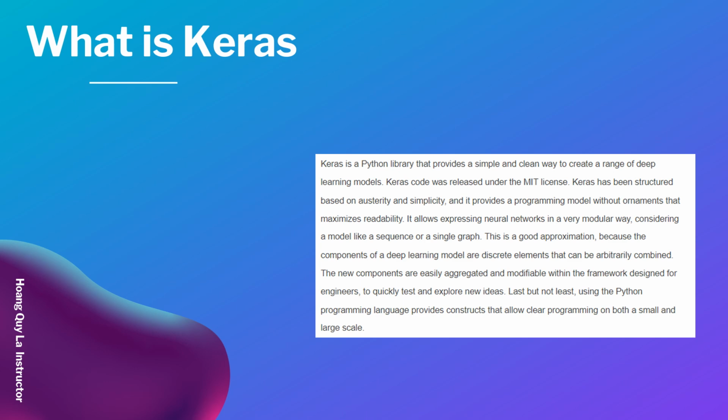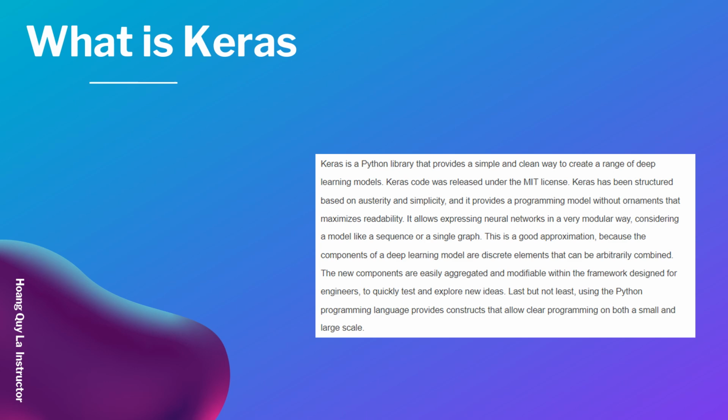Keras has been structured based on austerity and simplicity, and it provides a programming model without ornament that maximizes readability. It allows expressing neural networks in a very modular way, considering a model like a sequence or a single graph.